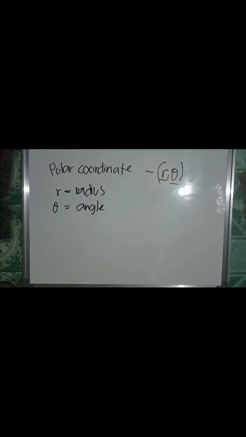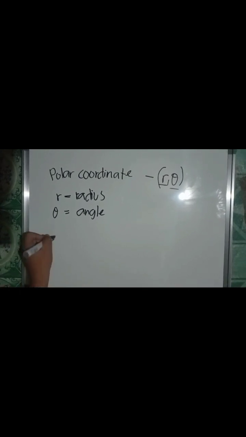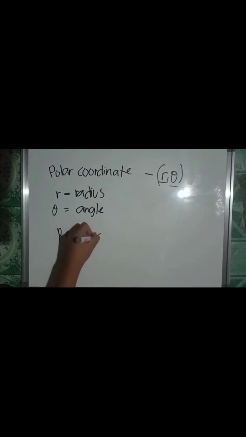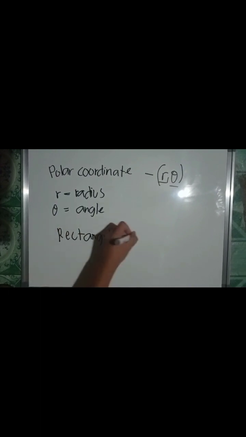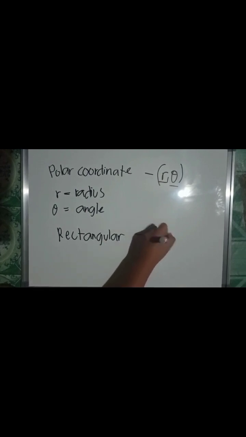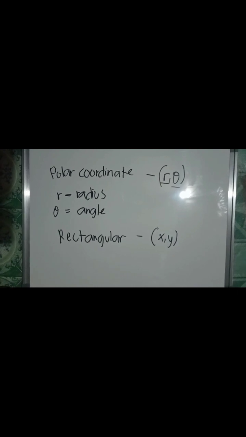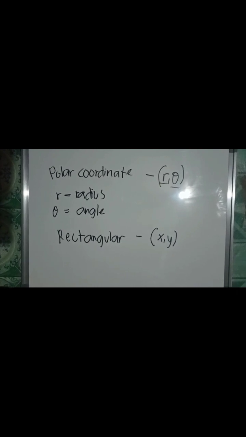And when we talk about the rectangular coordinate, it has a pair of x and y axes. In this situation, you can clearly see the difference between the polar coordinate and the rectangular coordinate system.